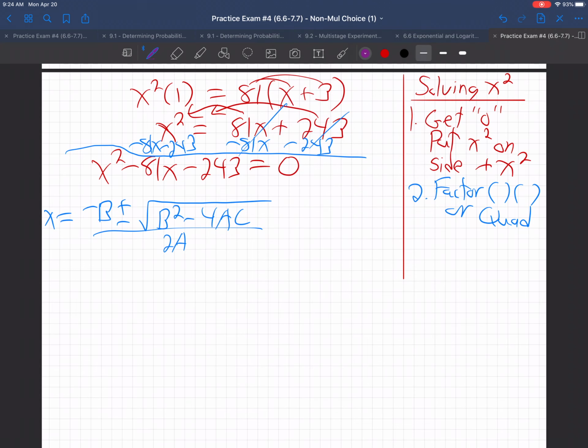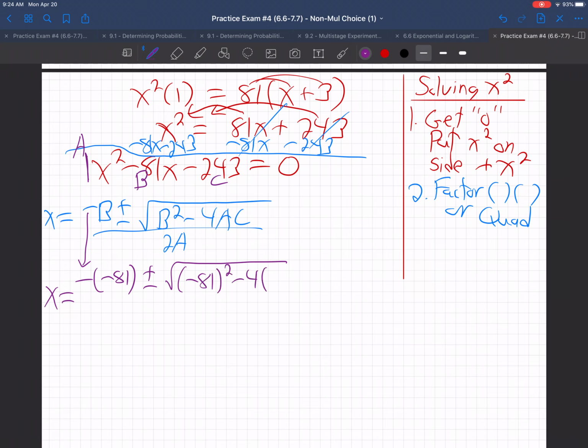Let's identify the different parts here. A is 1, that's A right there. This is B right here, and this is C. So x is negative b. Now, it's negative, that negative sign there, and then b itself is negative 81, plus or minus the square root of b squared, 81 squared, minus 4 times A, which is 1, times C, which is minus 243, all over 2 times A, 2 times 1.